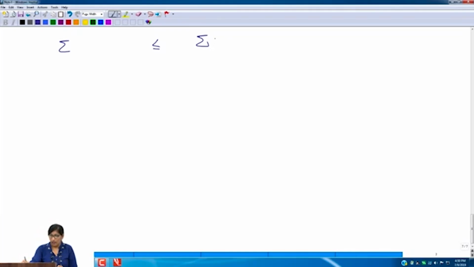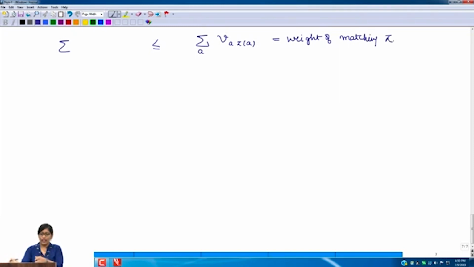Since it's a maximum weight perfect matching, I can write that the sum of V_A of pi A, summing over all agents, is the weight of matching pi, right? So since I assume that pi was a maximum weight perfect matching, I know that its weight must be at least the weight induced by the matching sigma, right?